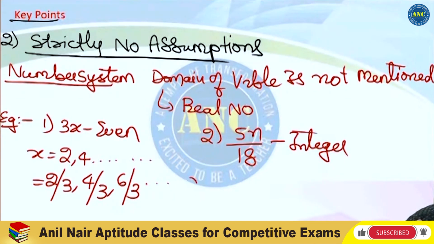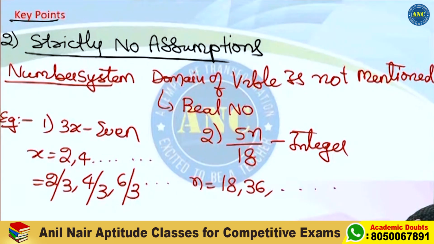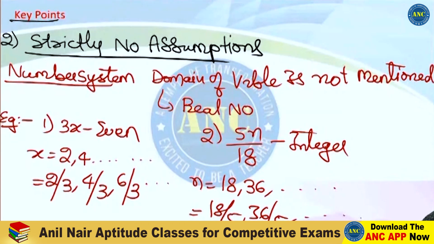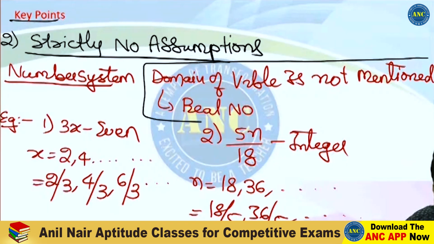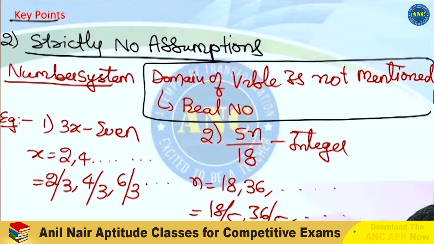Nothing is mentioned, so n will be not only multiples of 18, but also 18 by 5, 36 by 5 and so on. In the number system, if the domain of variables is not mentioned, then the variables will take real numbers.